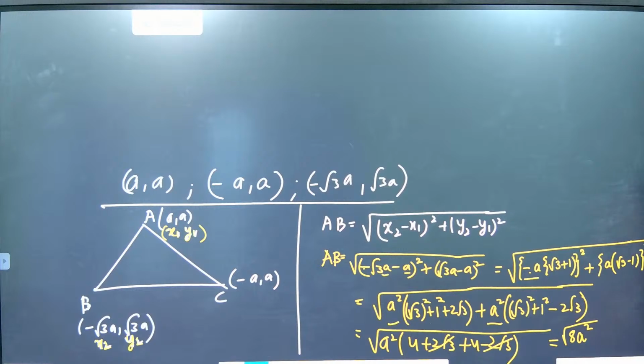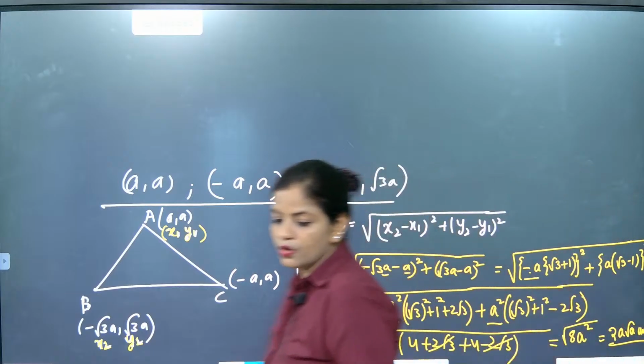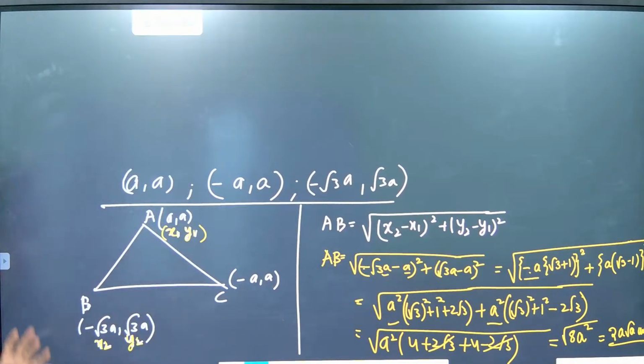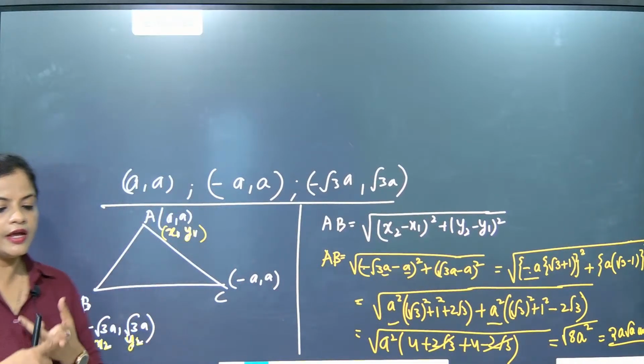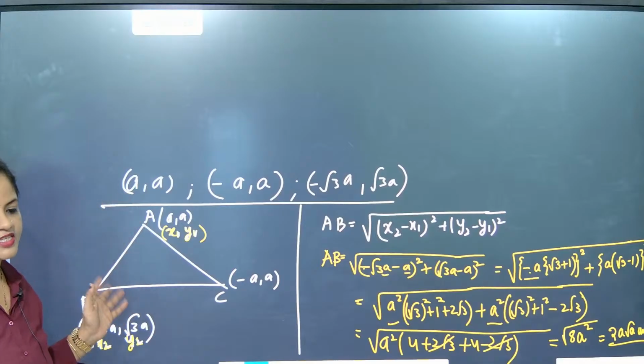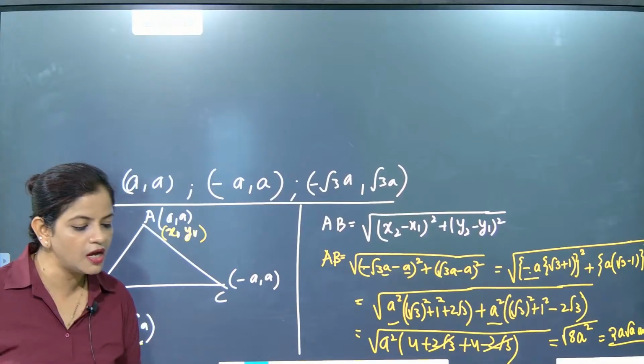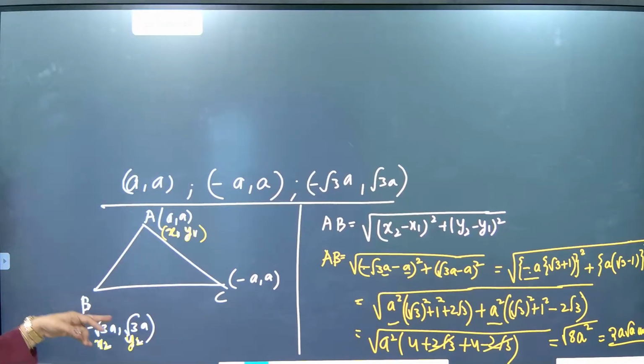What is the value coming as? 8A square. If you take A square common, what will it become? 2a root 2 units. So here I have used the distance formula, because in coordinate geometry we can use the distance formula, and we tried to get the value of AB.